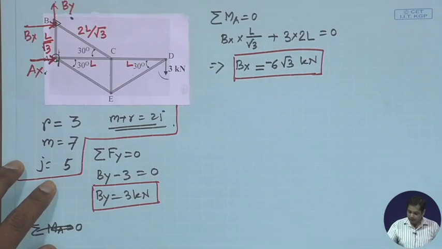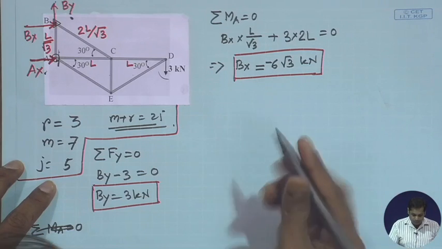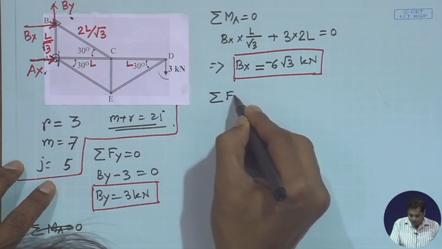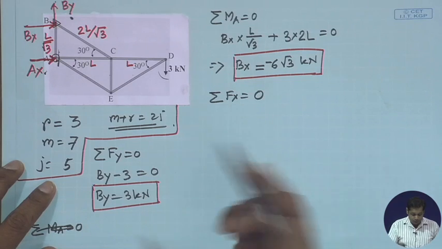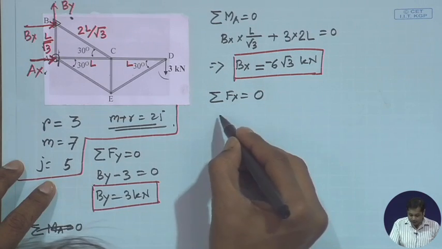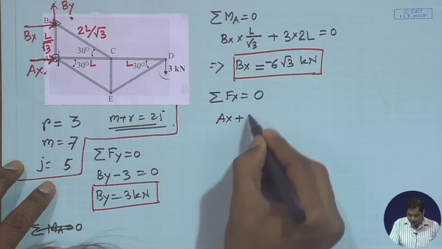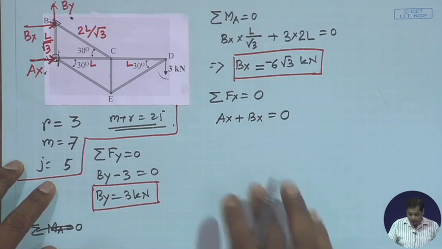Right. Now if I take summation of Fx is equal to 0, then the horizontal components are Ax and Bx. This gives us Ax plus Bx is equal to 0.